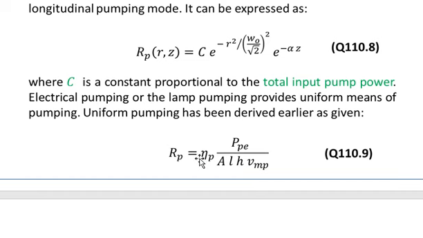So RP is equal to eta P, which is the pump efficiency, multiplied by PPE, which is the electric power to the pump, divided by A into L into h into nu MP, where nu MP is the minimum pump frequency required to achieve this uniform pumping.